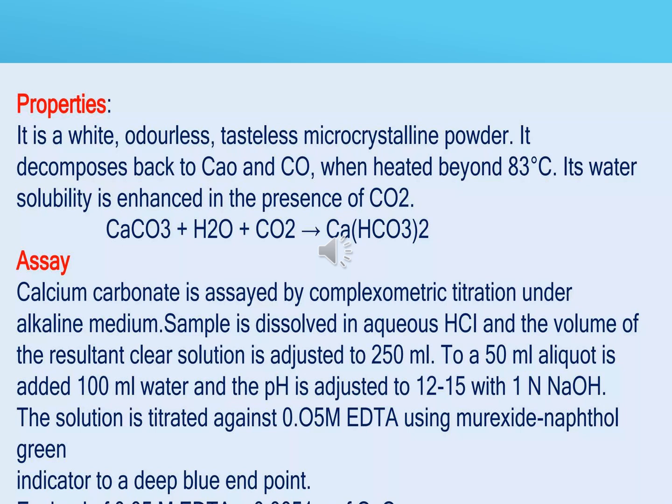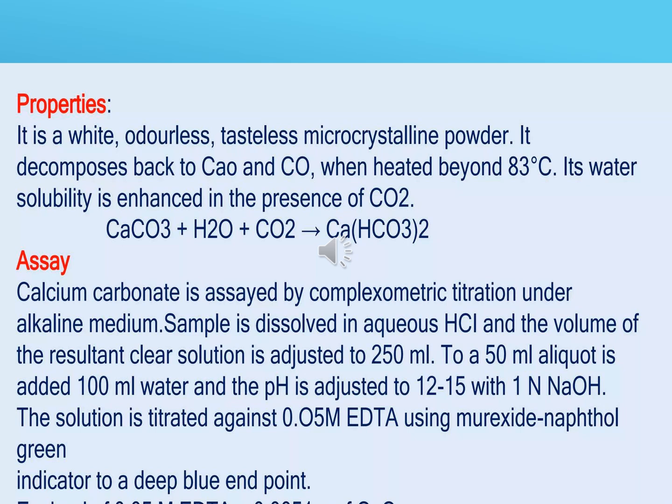Then assay procedure: calcium carbonate is assayed by complexometric titration in alkaline medium. Sample is dissolved in aqueous HCl and the volume of the resultant clear solution is adjusted to 250 ml. To 50 ml of the liquid is added 100 ml water and pH is adjusted to 12 to 15 with 1 normal NaOH.